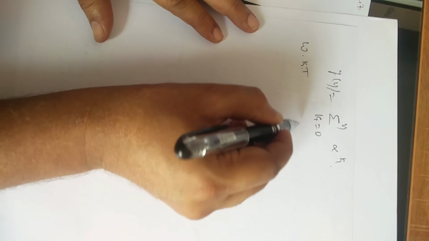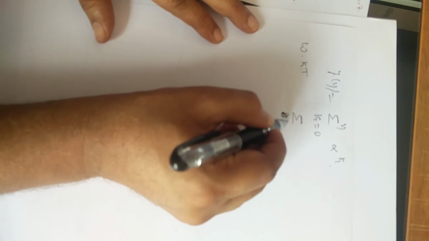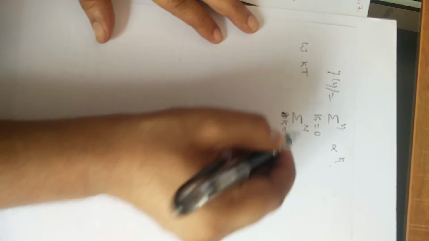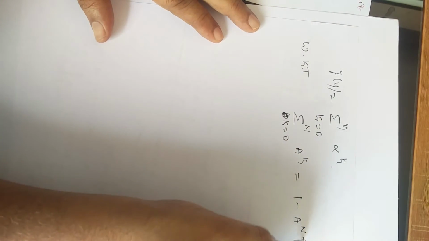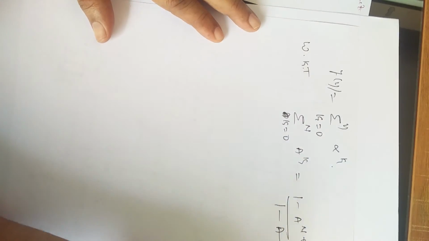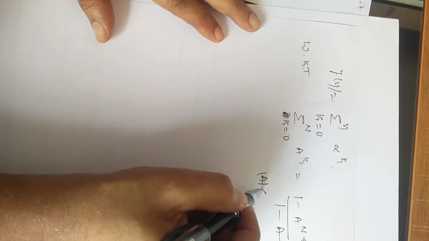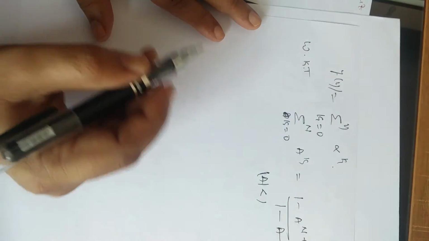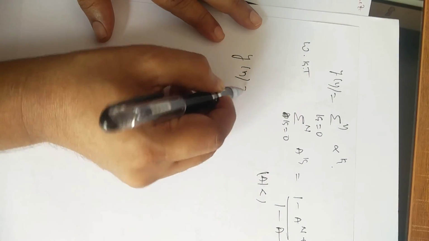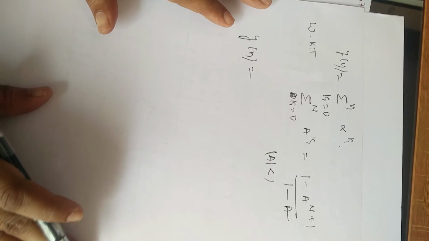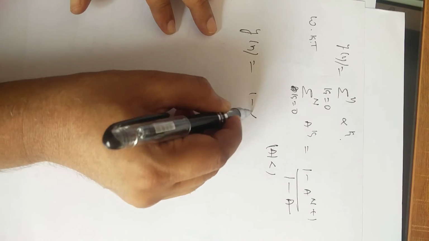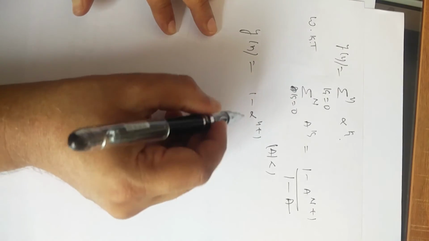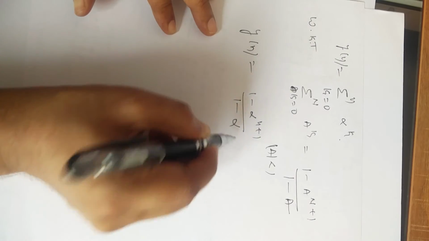We know the series, summation of k from 0 to n a to the power of k, that is equal to 1 minus a to the power of n plus 1 divided by 1 minus a, where modulus of a is less than 1. Using this series, I can write that y of n is equal to 1 minus alpha to the power of n plus 1 whole divided by 1 minus alpha.